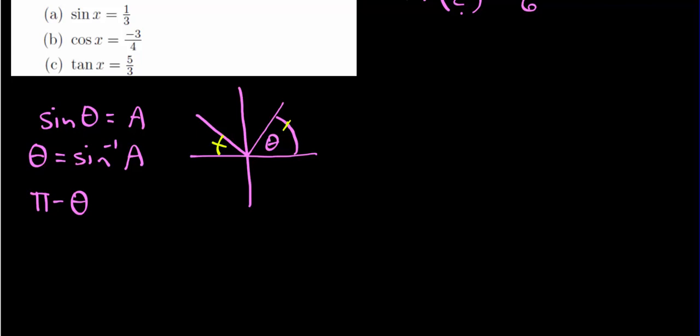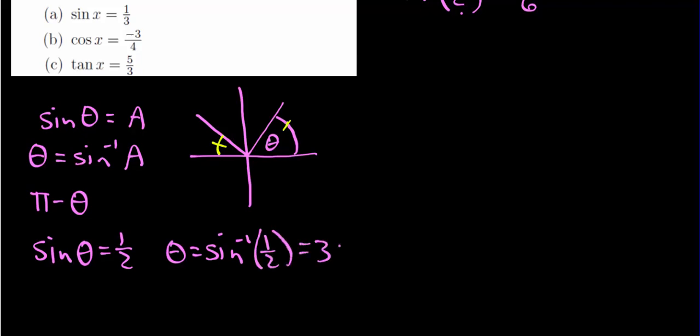Because look at this. Let's suppose that we have the sine of theta equals 1/2. So theta equals the inverse sine of 1/2, which is 30 degrees. Okay. Now, that's in quadrant 1. If I want the angle in quadrant 2, I'm going to do 180 minus 30 degrees.